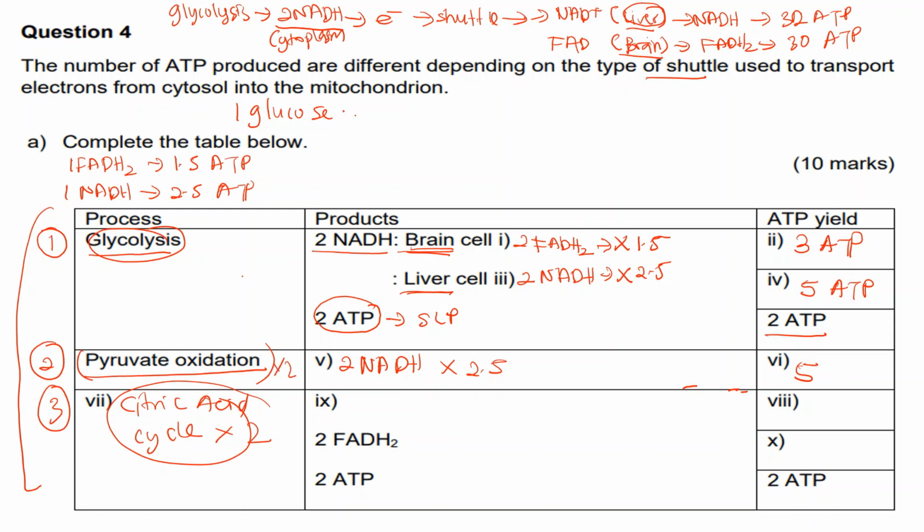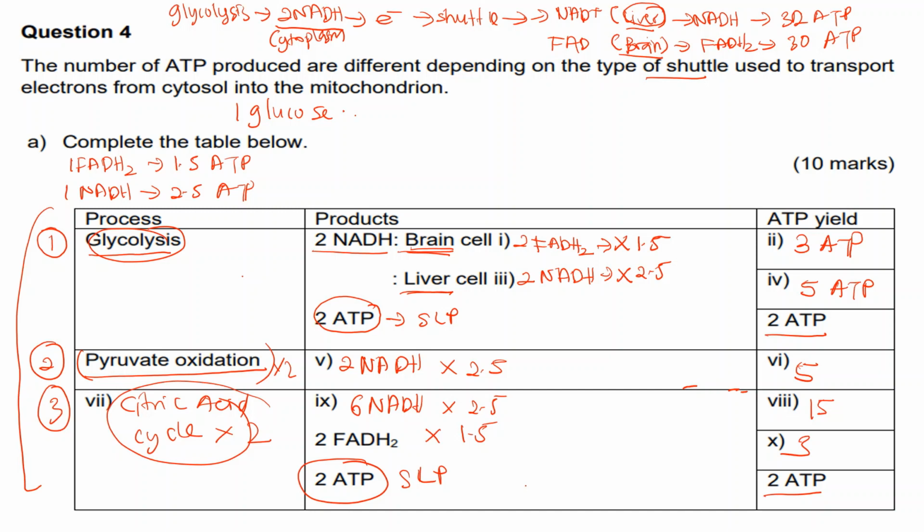For 2 times the citric acid cycle, it produces 6 molecules of NADH that you multiply by 2.5, and you will get 15 molecules of ATP. FADH2 you multiply by 1.5, you will get 3. And the last one here is the production of ATP through substrate level phosphorylation during the citric acid cycle, which is 2.